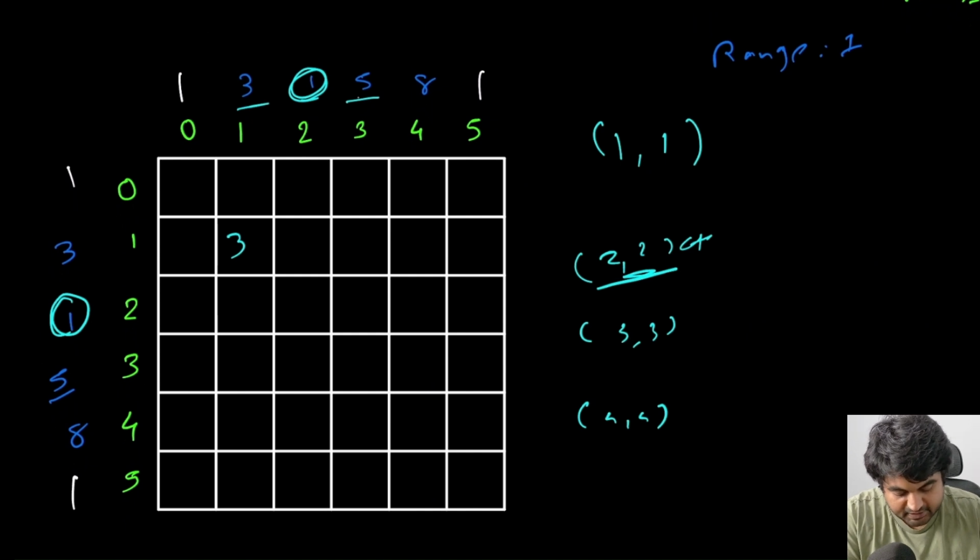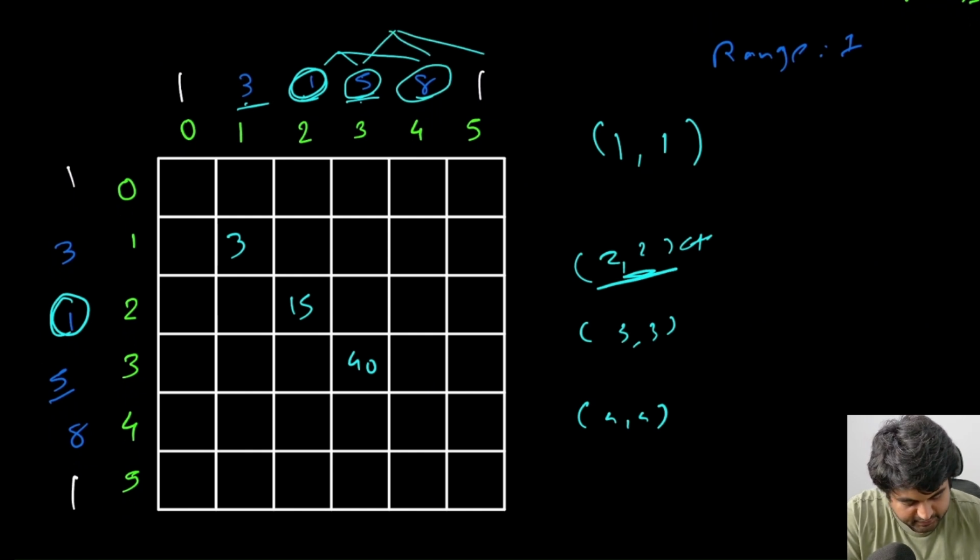So this is going to be 3 multiplied by 1 multiplied by 5, so that is going to be 15. So we can mark 15 as it is. Same way for value number 5. Once again, there are no neighbors, so 1 multiplied by 5 multiplied by 8, so that is going to be 40. And same way for value number 8, once again, 5 multiplied by 8 multiplied by 1, so that is going to be 40. So we can mark all of these values as it is.